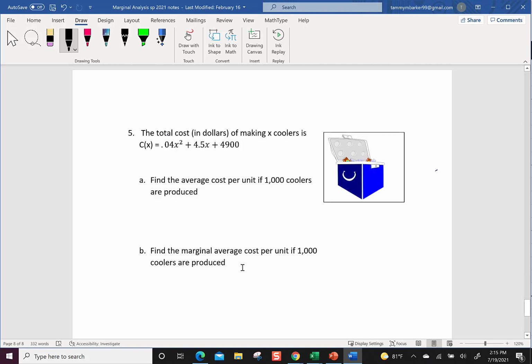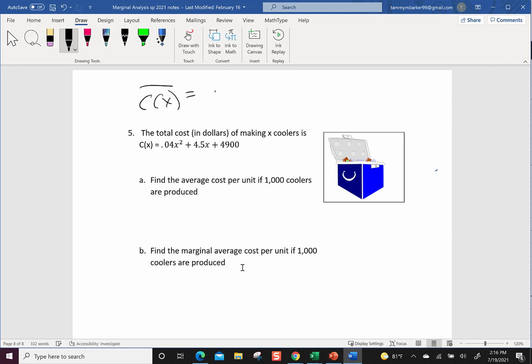Our last example today. The total cost in dollars of making X coolers is C of X is 0.04 X squared plus 4.5 X plus 4,900. We're going to find the average cost per unit if 1,000 coolers are produced. Then we're going to find the marginal average cost per unit if 1,000 coolers are produced. So let's start by saying we need the average cost.